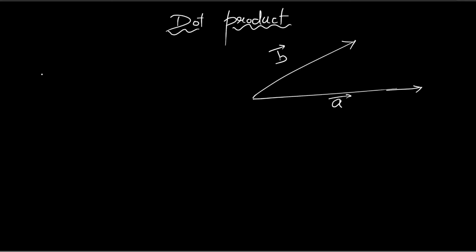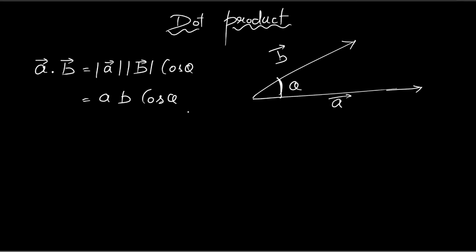I represent the dot product by A, simply put the dot here, and then B. It is equal to the magnitude of the A vector times the magnitude of the B vector times cos theta, where theta is the angle between the two vectors, basically the angle between the two tails. Remember, it is the angle between the tails. I can simply write it as A B cos theta.